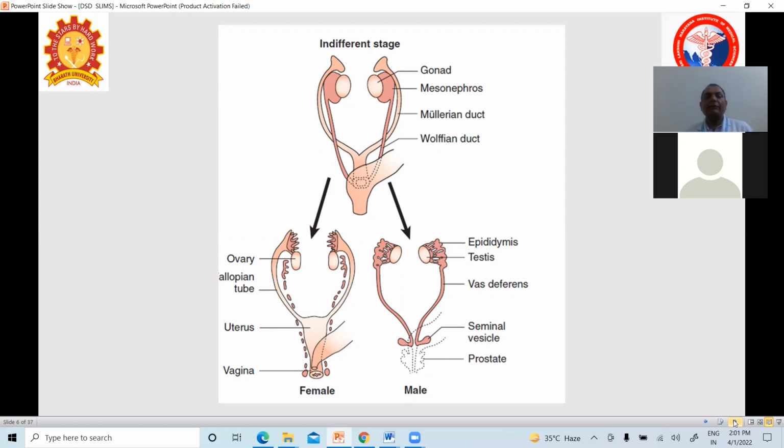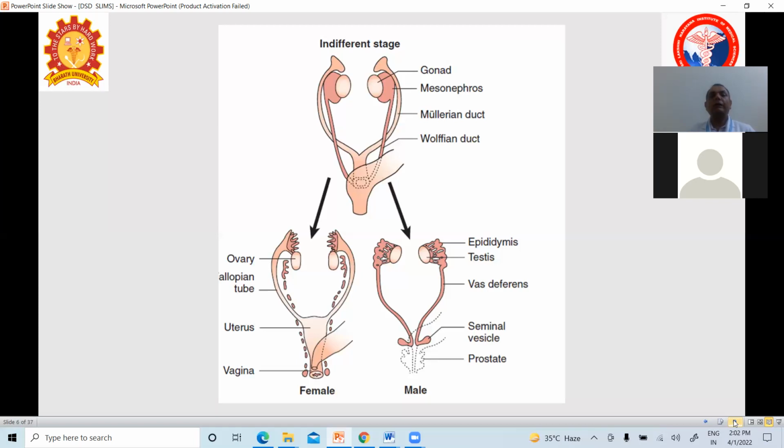At the same time, from the Sertoli cells is secreted MIS, Mullerian inhibiting substance, also called AMH, anti-Mullerian hormone. This hormone from the Sertoli cells will induce the regression of the Mullerian duct, so that this embryo will not develop into female.